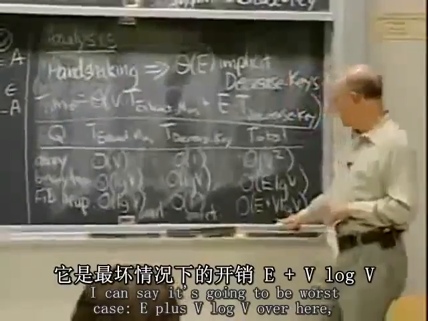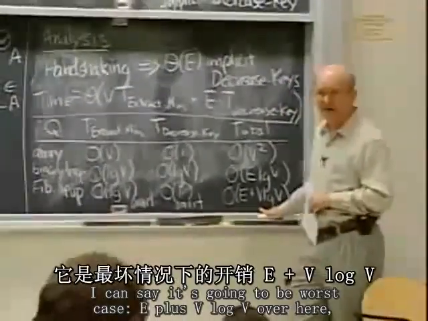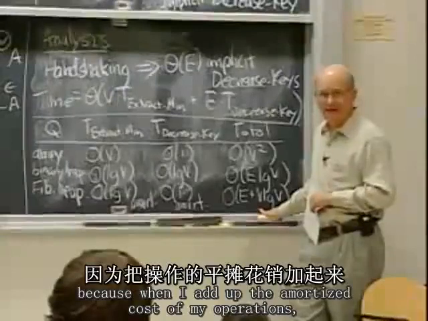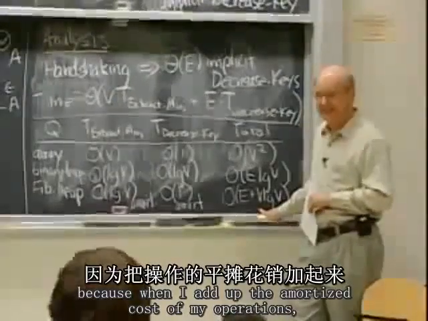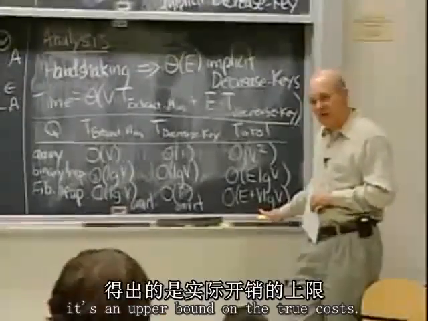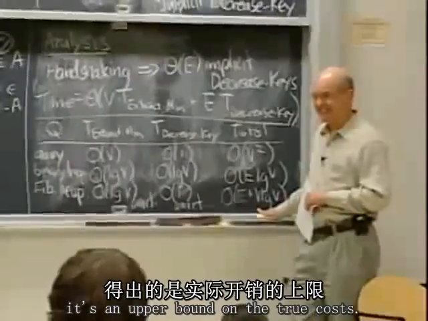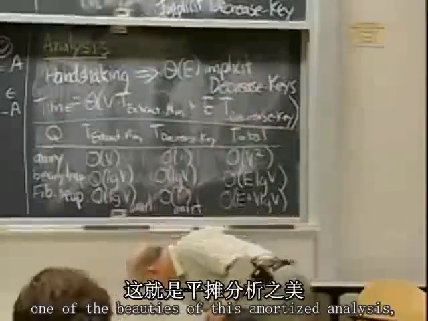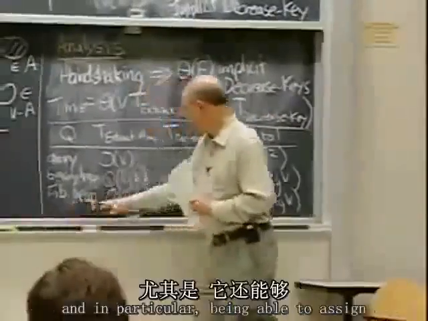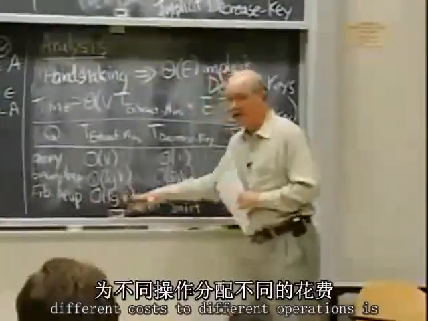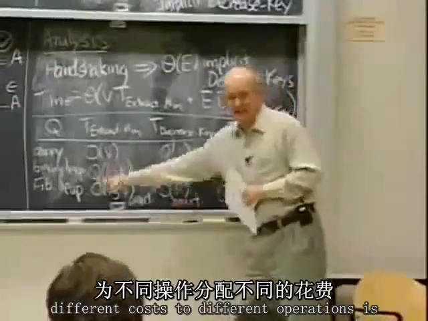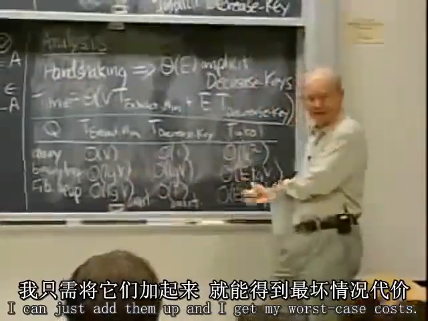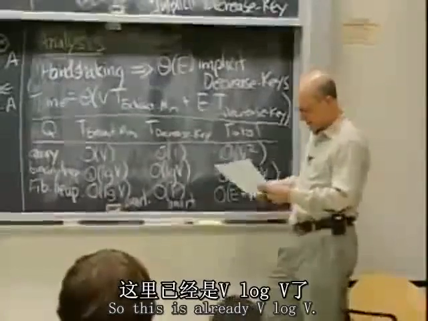I can say it's going to be worst case E plus V log V over here, because when I add up the amortized costs of my operations, it's an upper bound on the true costs. So that's one of the beauties of amortized analysis, and in particular of being able to assign different costs to different operations: I can just add them up and I get my worst case cost. So this is order E plus V log V.